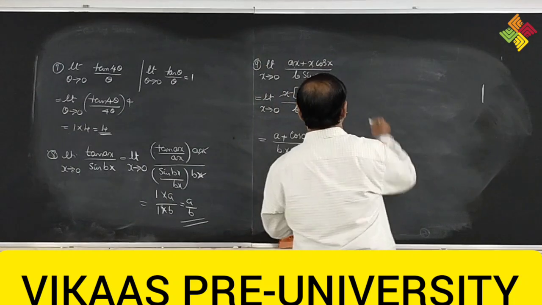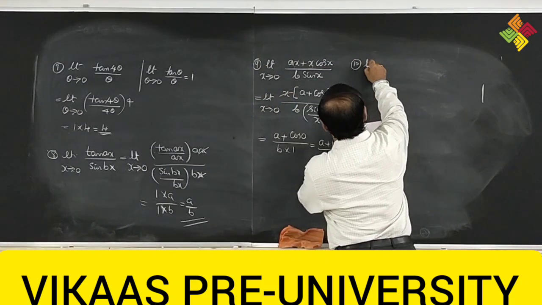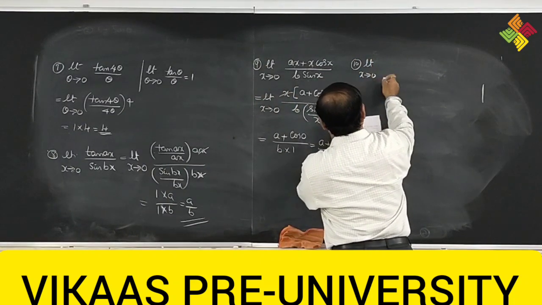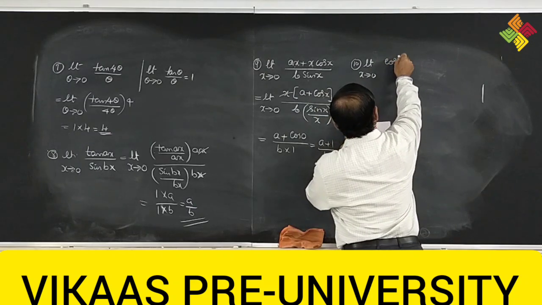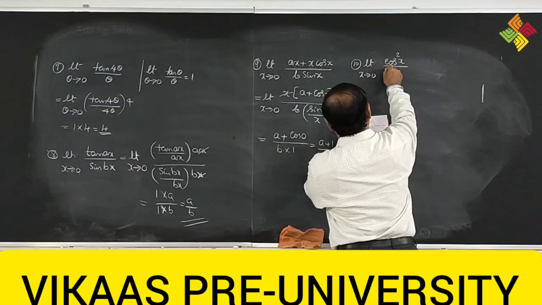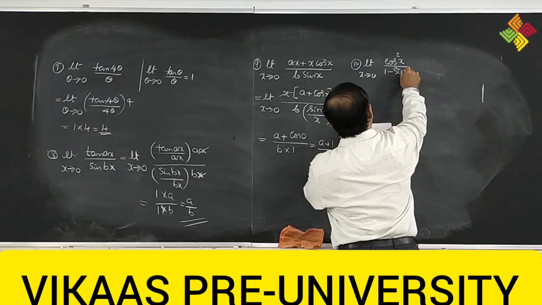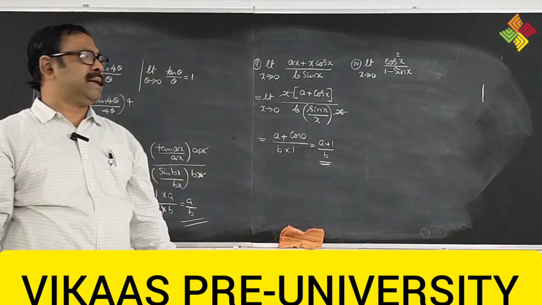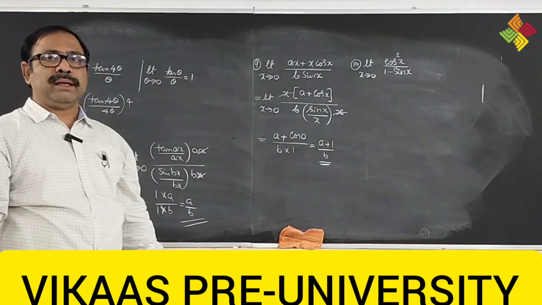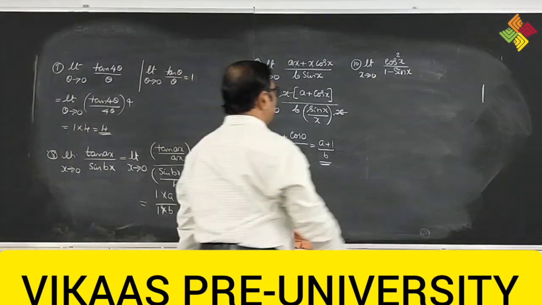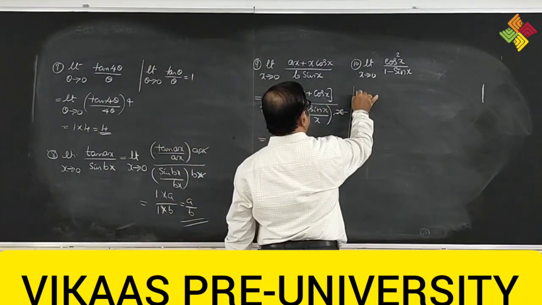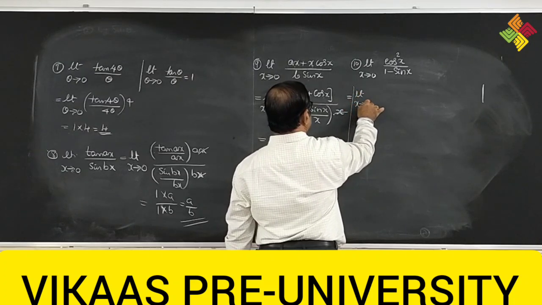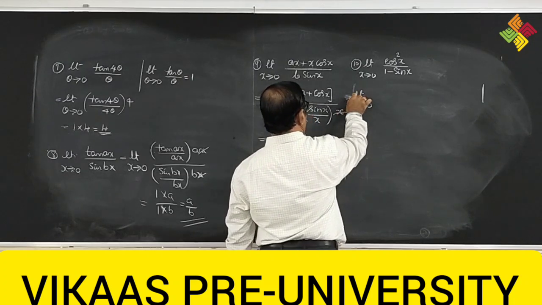Now, I'll give you one more example. Limit x tending to 0 of cos squared x by 1 minus sin x. First you write it as limit x tending to 0.